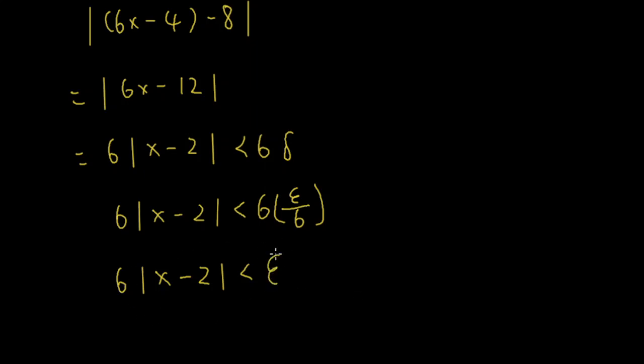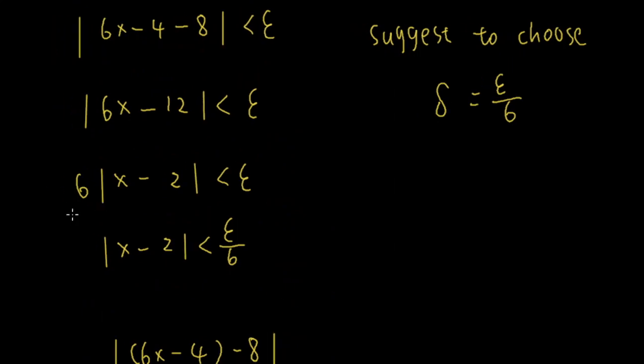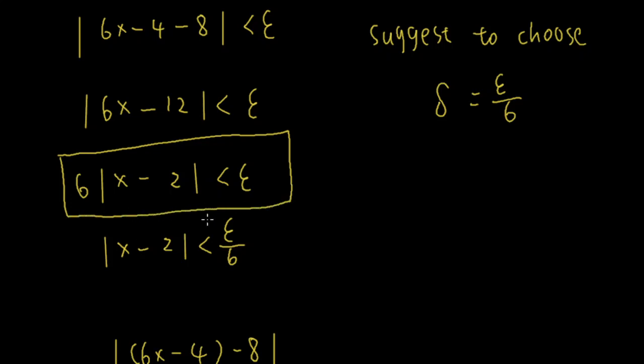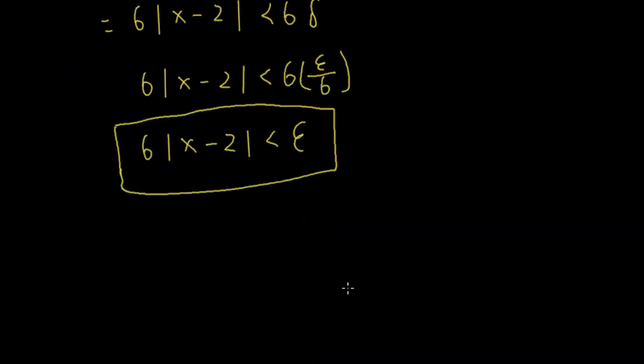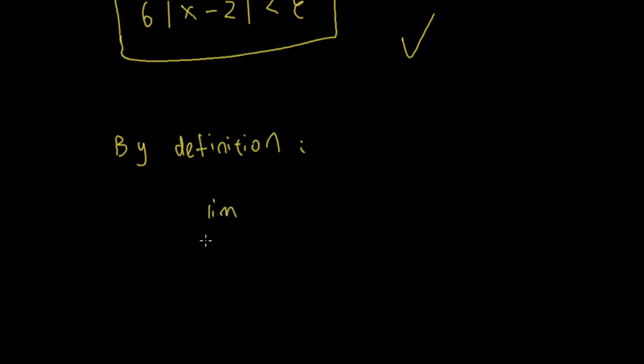Now this statement here is the same as the statement that we were talking about before. Then this is valid. So we can conclude that by definition, the limit as x approaches 2 of 6x minus 4 is indeed equal to 8.